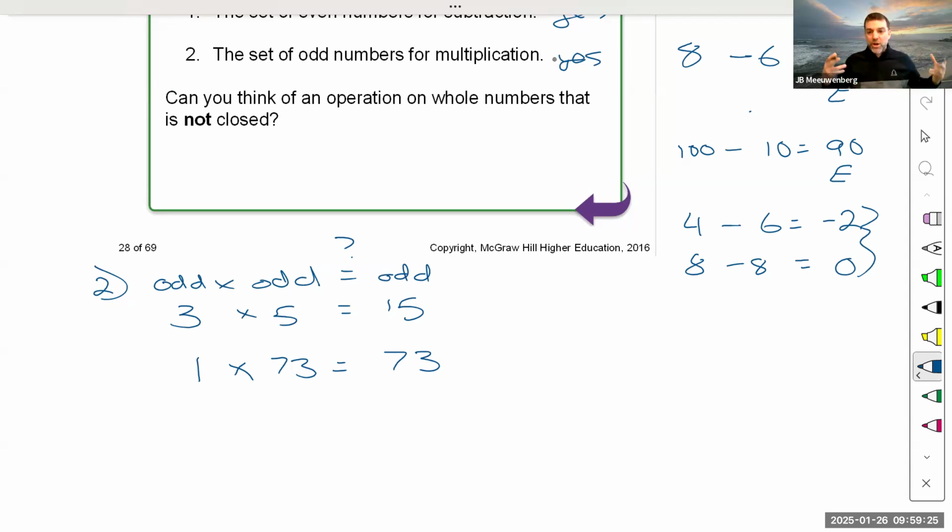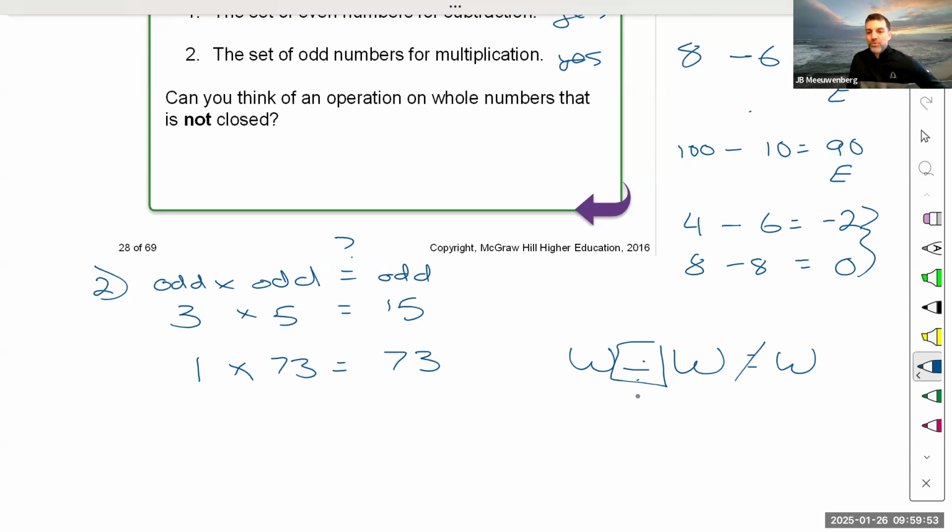So we've seen a couple that are closed. Can you think of an operation on whole numbers that is not closed? Meaning, if you take a whole number and do something to it with another whole number, do you get something that's not a whole number? Can you think of an operation? The first one that comes to my mind is division.